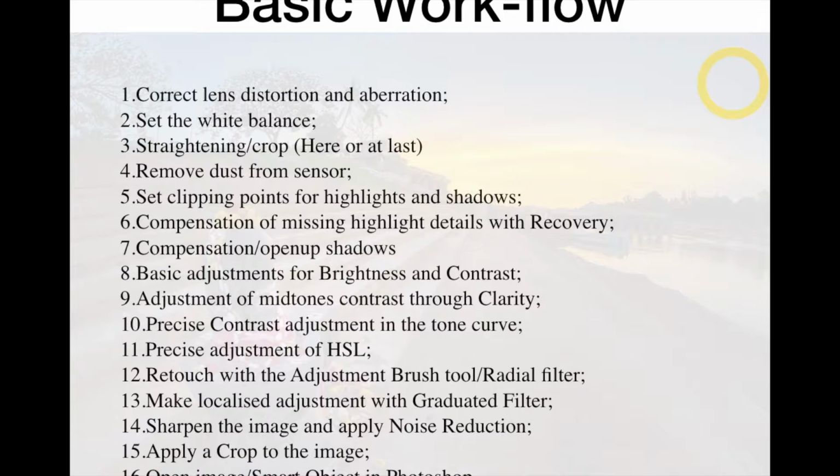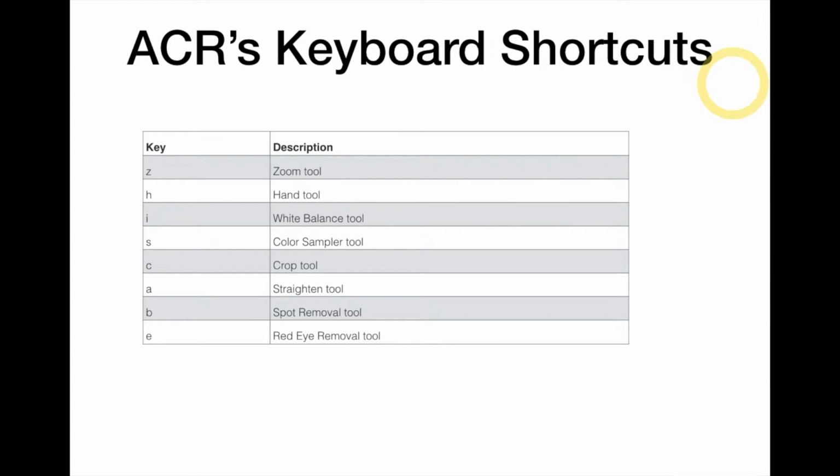As I said earlier, you can crop the image at last, and then open your image in Photoshop as a smart object or simply as an image. These are the basic keyboard shortcuts which you can obviously use to do the processing.